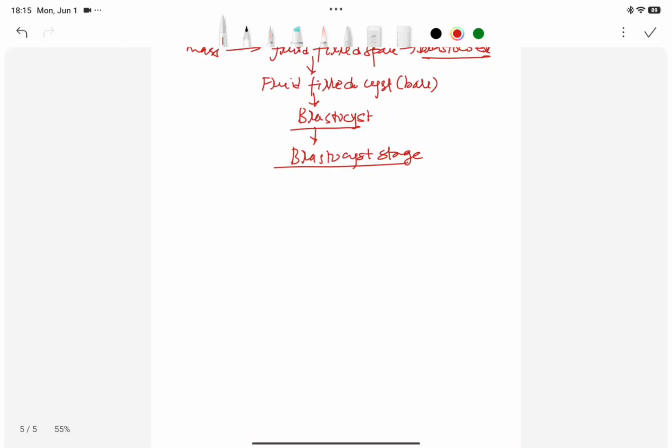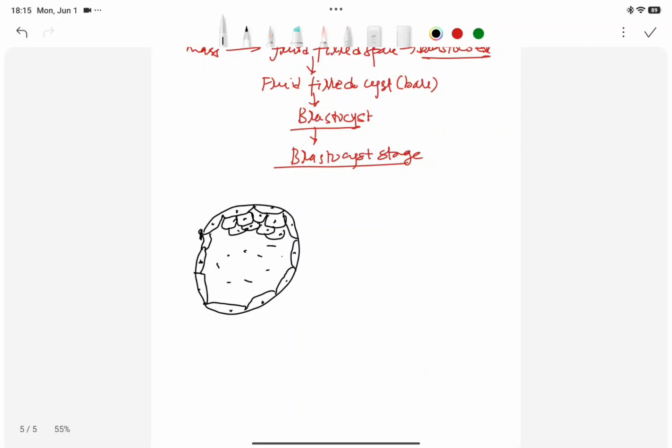The typical structure of a blastocyst looks like this. It contains the outer cell mass, and there is the inner cell mass, and there is a fluid-filled space known as blastocoel.